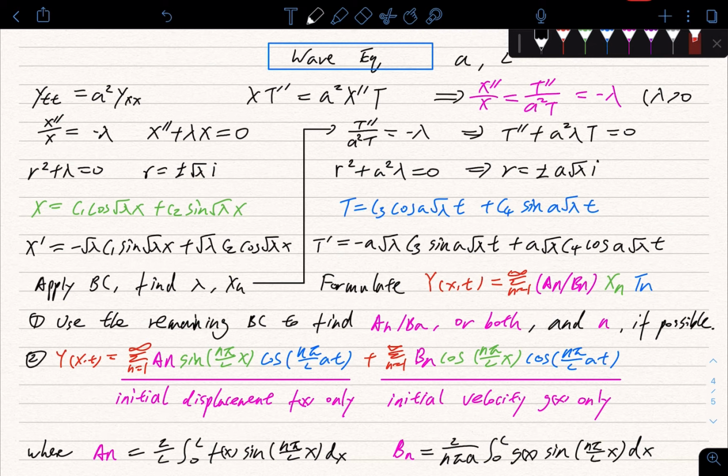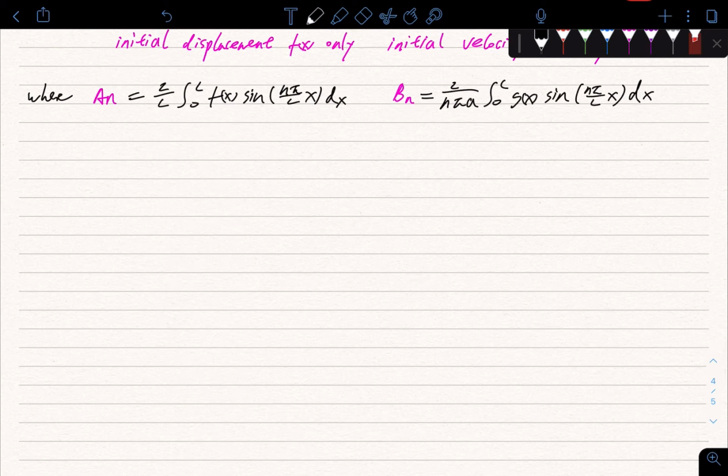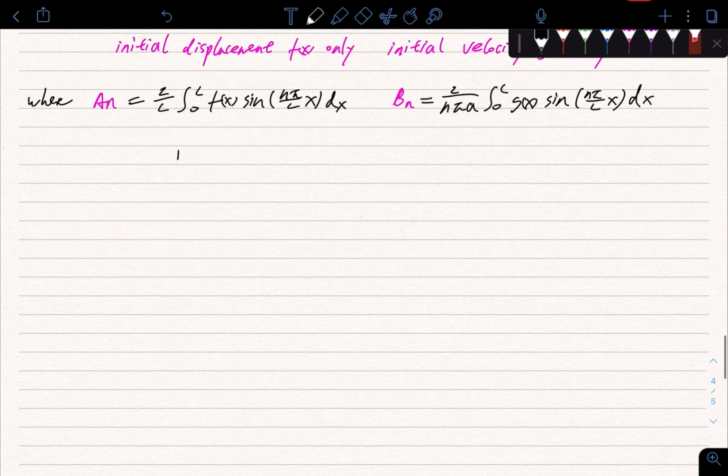let's go ahead and look at two different special cases for the wave equation. So the first one is the wave equation with initial displacement only.